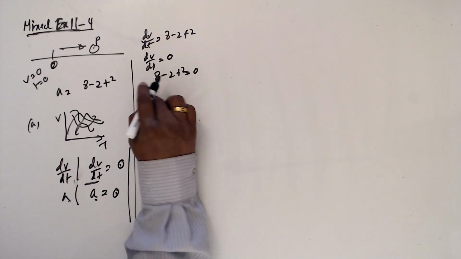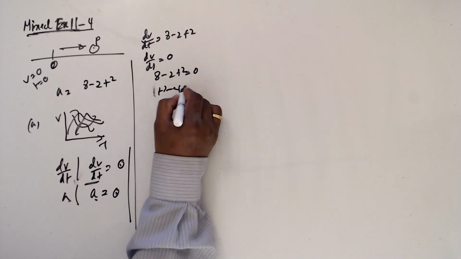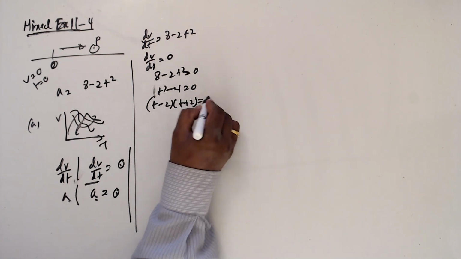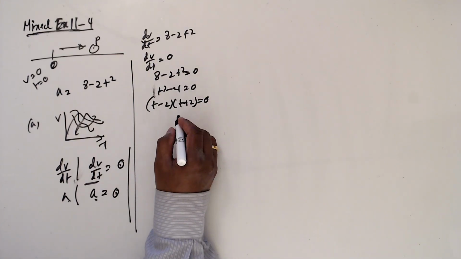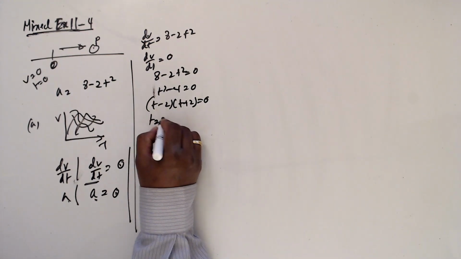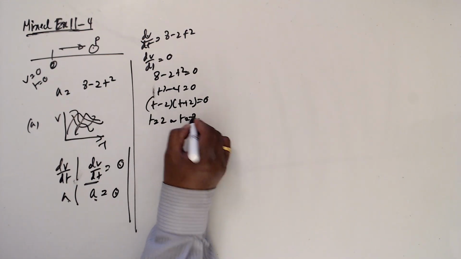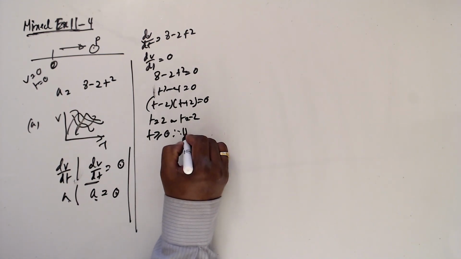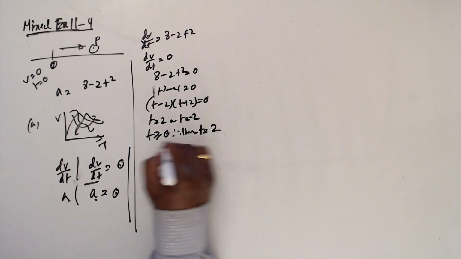It means t square minus 4 is 0. (t minus 2)(t plus 2), difference of 2 squares. t equals 2 or t equals minus 2, t is greater than or equal to 0, hence t equals 2.